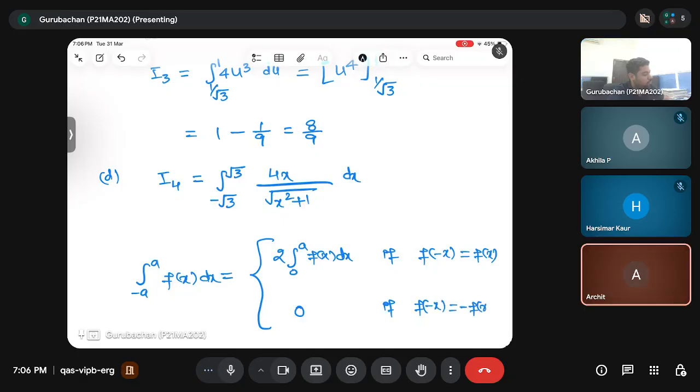So whenever you have these kinds of functions, you don't need to solve it, at least at first step. If it is an odd function, then clearly you will get 0.